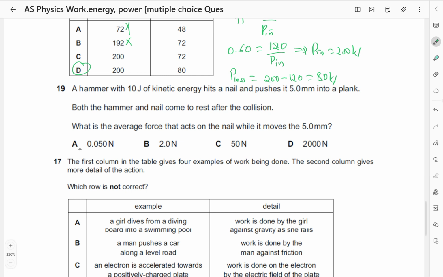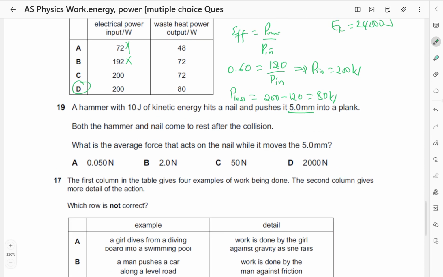A hammer with 10 joules of kinetic energy hits a nail and pushes it 5 millimeters into the plank. Both hammer and nail come to rest after the collision. What is the average force that acts on the nail while it moves the 5 millimeters? So we shall just use work done is equal to force times the distance.